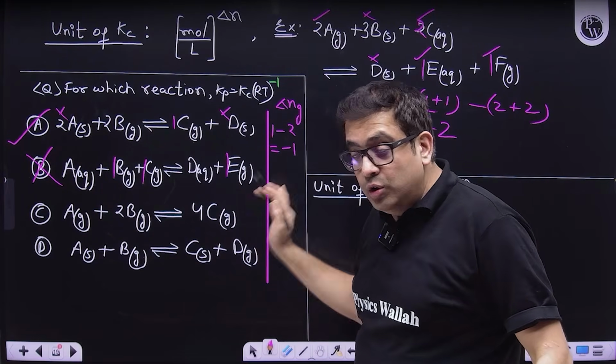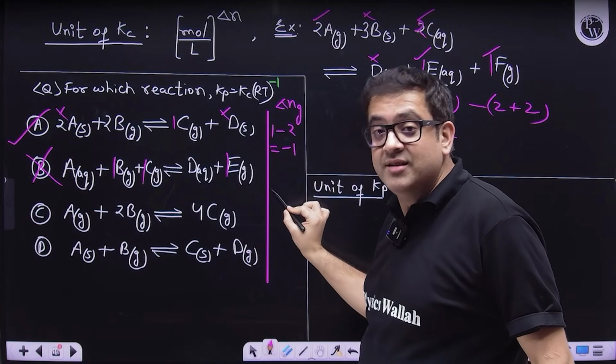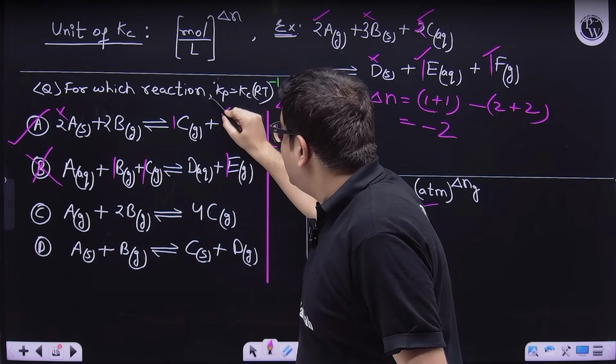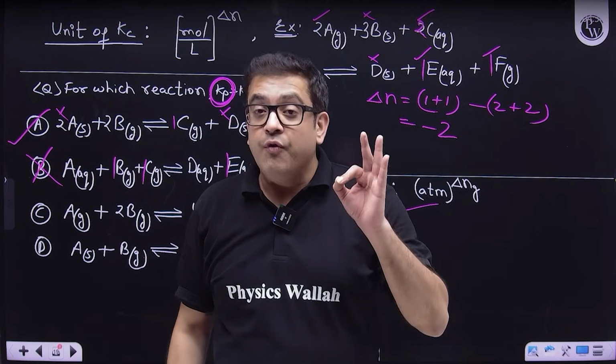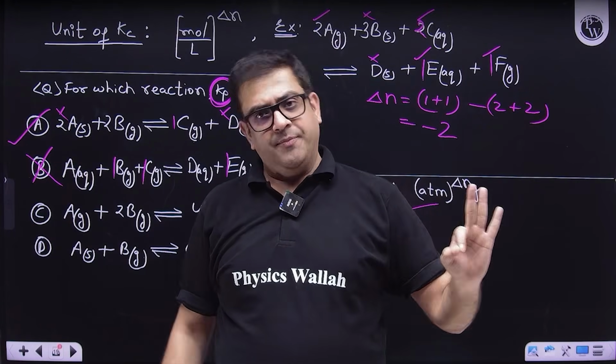Although delta Ng is minus 1, you should keep in mind that Kp is defined only for those reactions where only gaseous species are present.